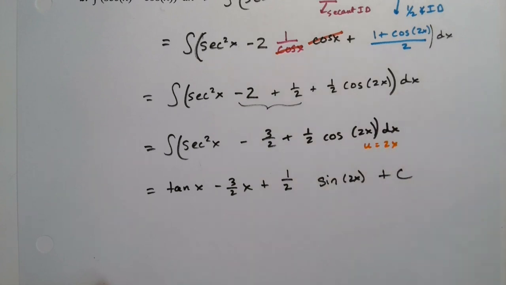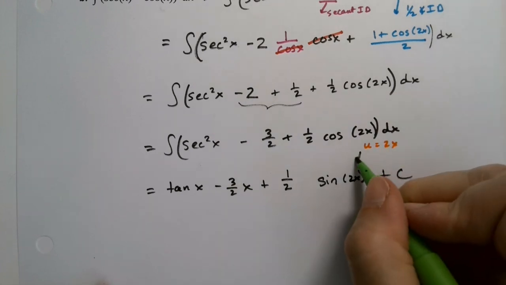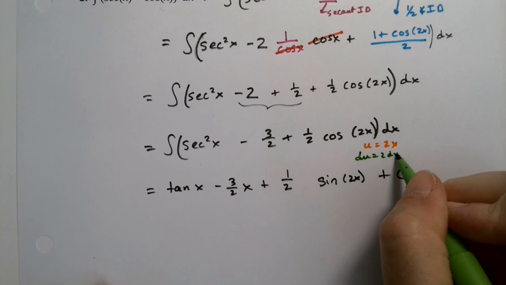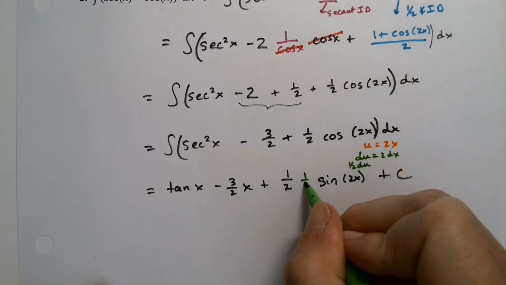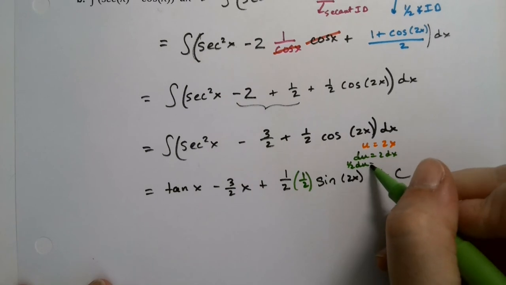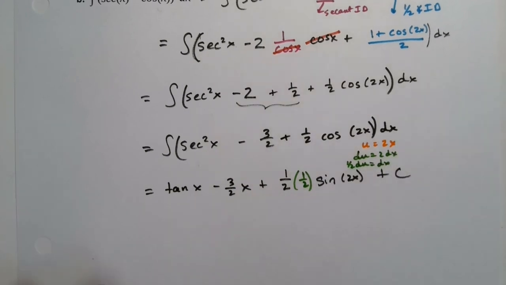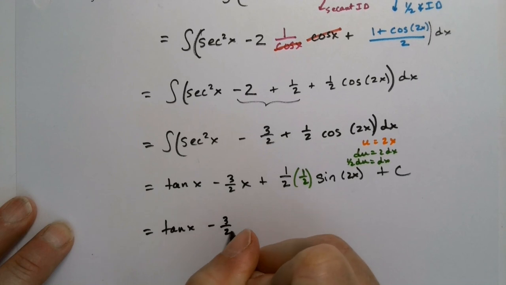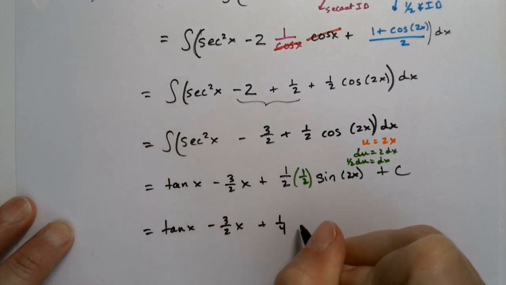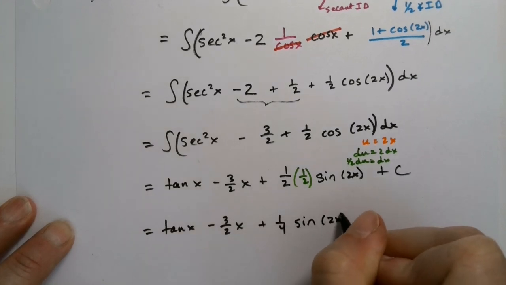U would be 2x, so du would be 2dx, so we would want a half du, which means you have to put another half in here, right, to be that dx right there. So that means that the final answer would be equal to the tangent of x minus 3/2 x plus 1/4 sine of 2x.